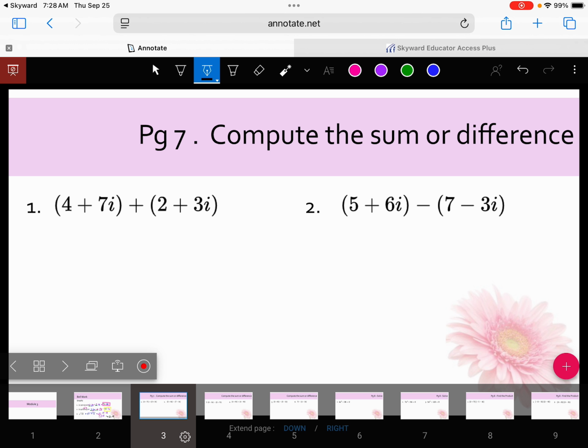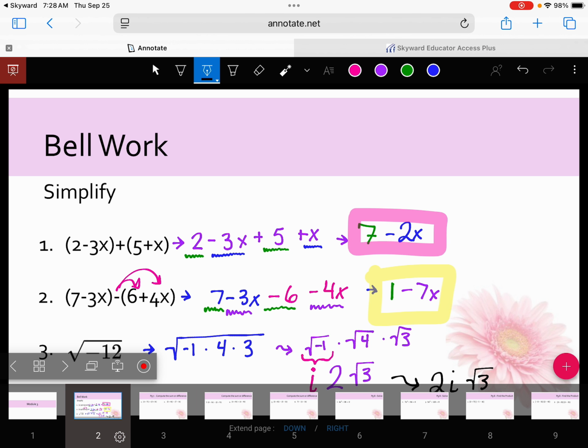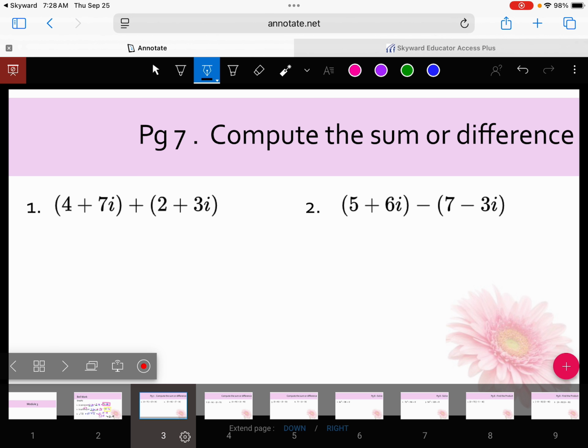Almost like they're there for a reason? Because these look 100% like bell work. Only thing different, aside from the numbers, is these guys used x's and these ones have i's in them. Doesn't change what we do. 100% the same thing. We're going to figure out how we can get rid of our parentheses.